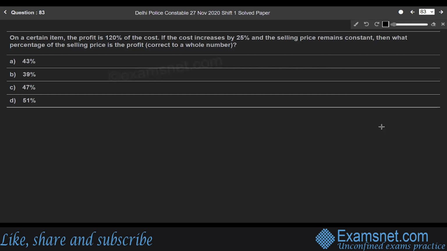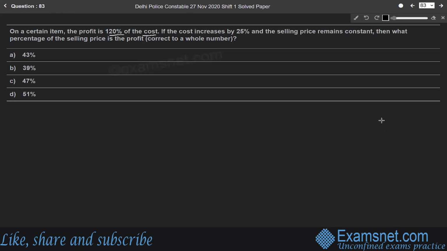Question 83. On a certain item, the profit is 120% of the cost. If the cost increases by 25% and the selling price remains constant, then what percentage of the selling price is the profit? Correct to a whole number. Here given, profit is equal to 120% of the cost price.